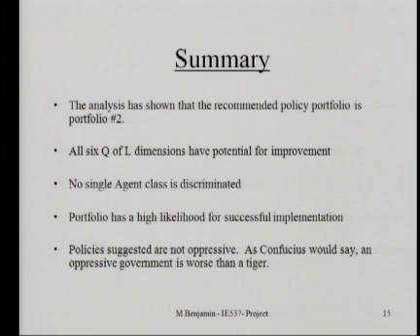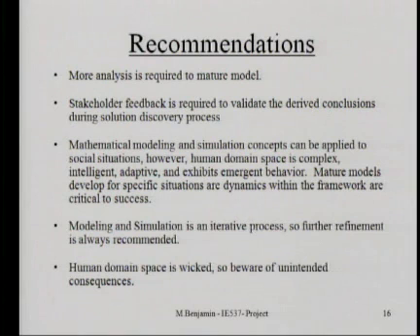And I think that was shown in the development of the policy portfolio, it was more on the education and not on the government enforcement, the regulatory policies, as they do have adverse impacts, or could have adverse impacts. So the recommendation is more analysis is required to mature the model. I'm talking about the system dynamic model, the society.